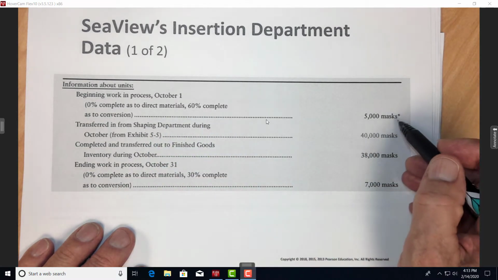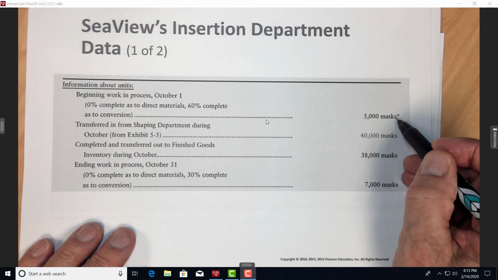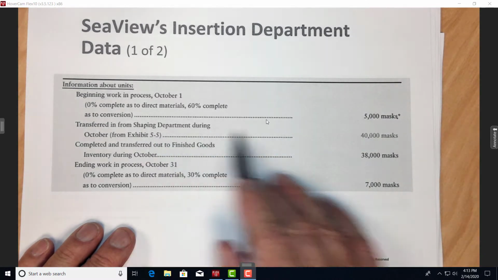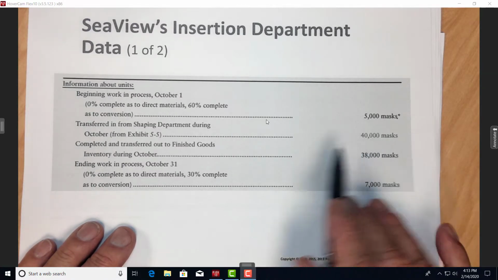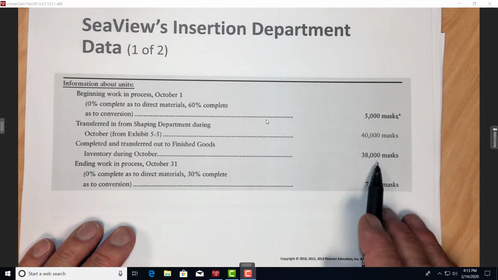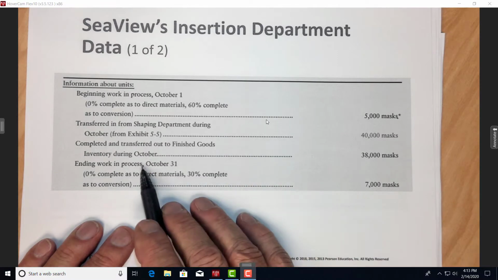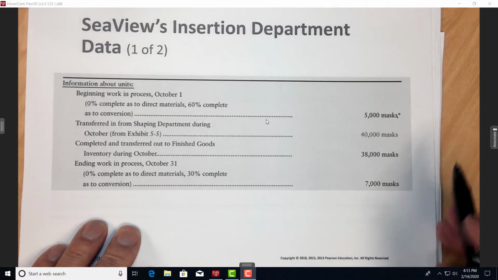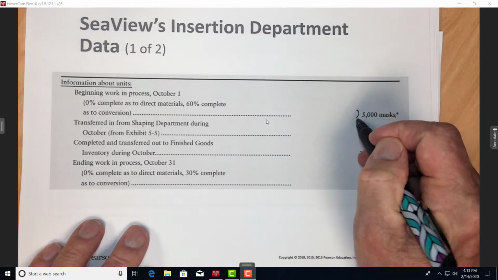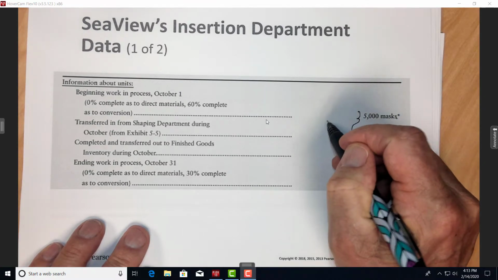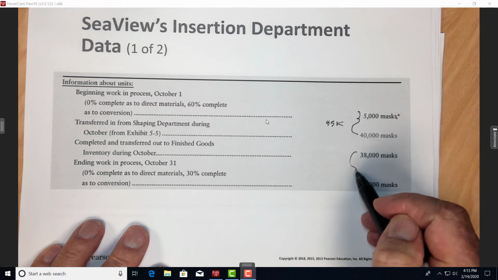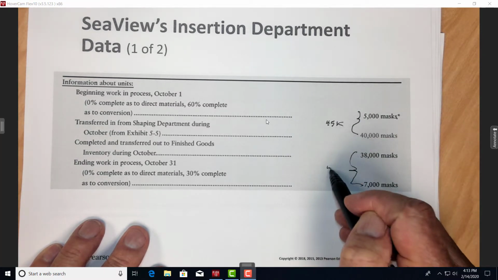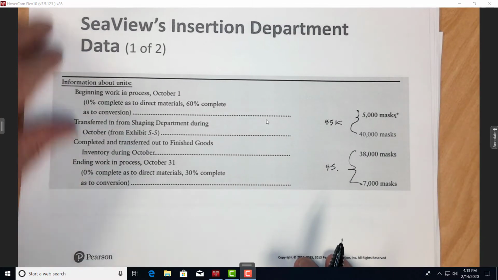Transferred in from the previous department is 40,000, completed and transferred out 38,000, and work in process 7,000. Please note that these two are going to equal 45,000, and these two equal 45,000.